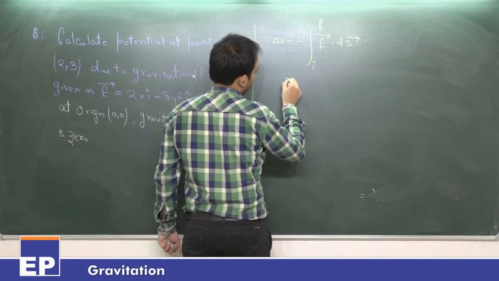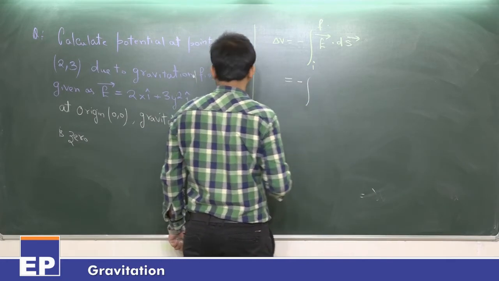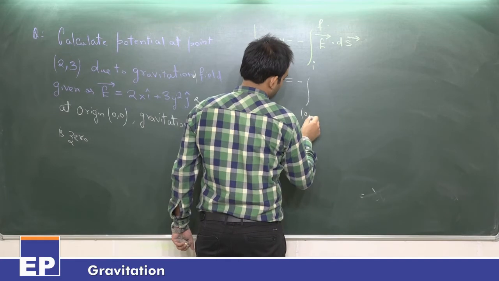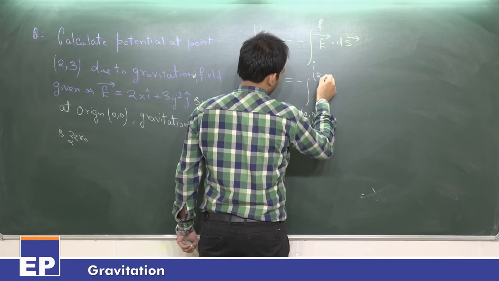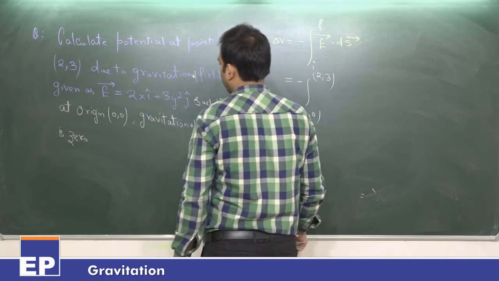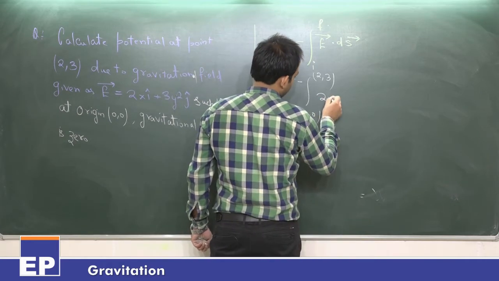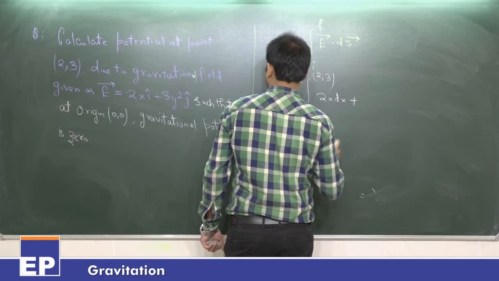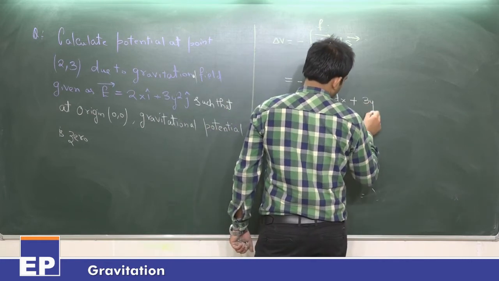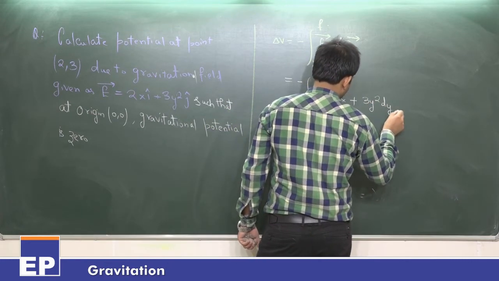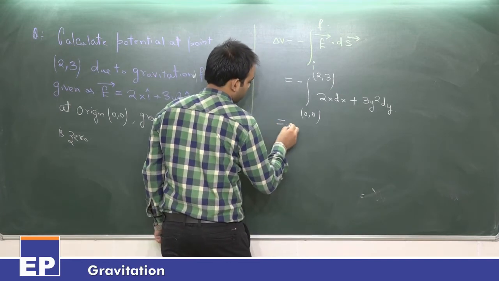So change in potential is negative of initial point to final point, 0,0 to 2,3. E dot ds, it is Ex i cap plus Ey j cap and this dx i cap, that will become 2x into dx plus 3y square into dy. Integrate it and put the limit of x and y separately.